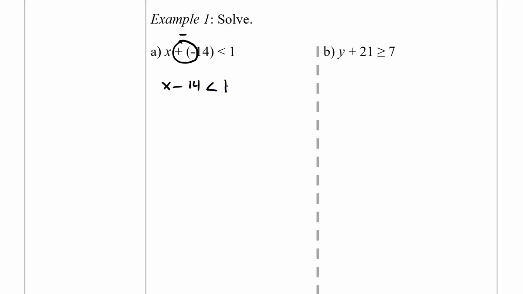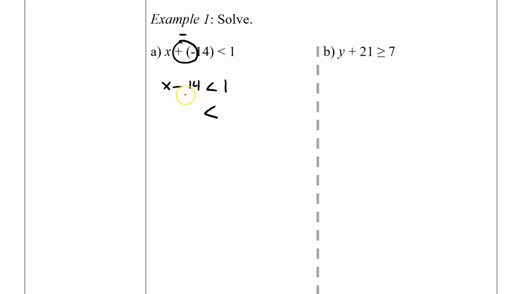We're going to pretend that this right here is our equal sign. I'm going to write it in again. What I need to do to both sides of the inequality, the left-hand side and the right-hand side, is add 14, because it says x subtracted 14.